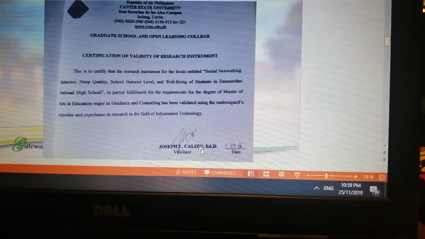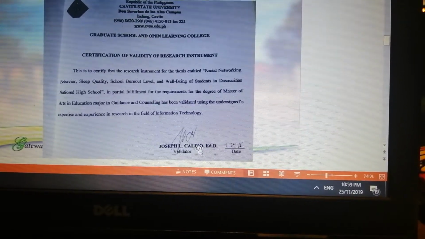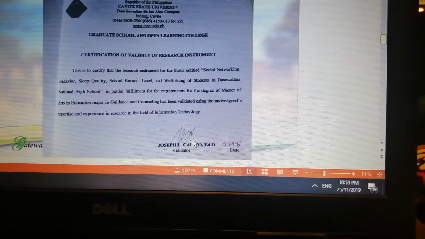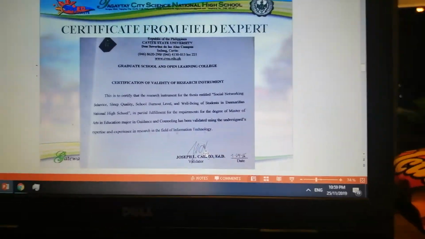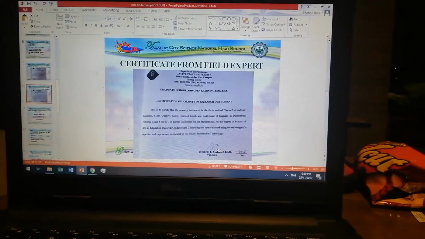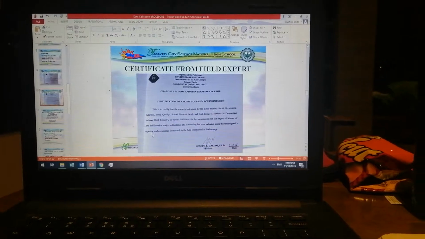Then you will indicate the name of Ma'am Rema as the validator, and then she has to sign it as a way of saying that she has really validated your instrument.